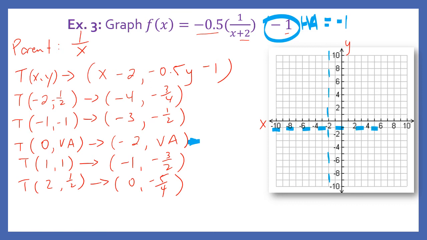So across. Don't forget to label your asymptotes. Y equals negative 1, x equals negative 2.